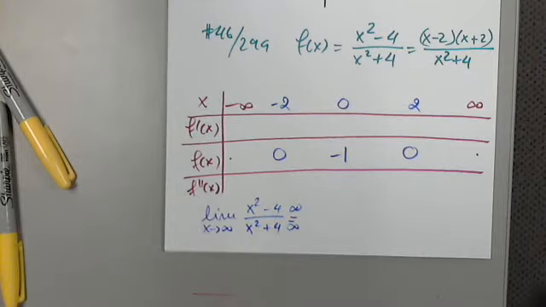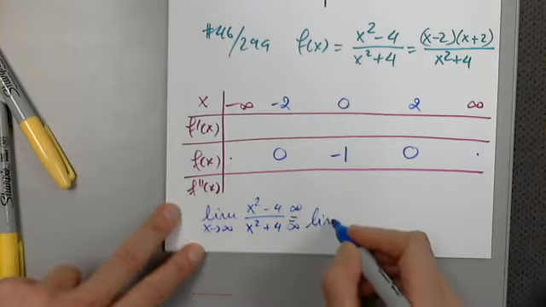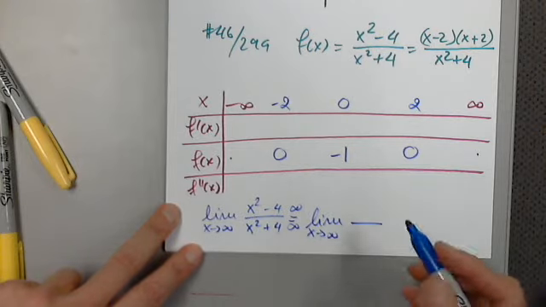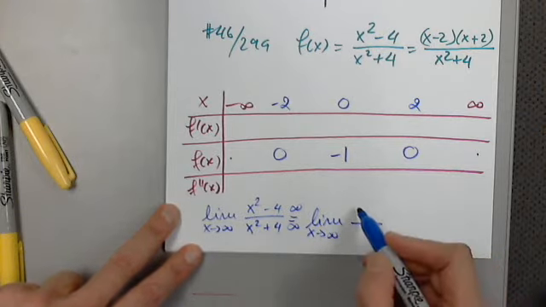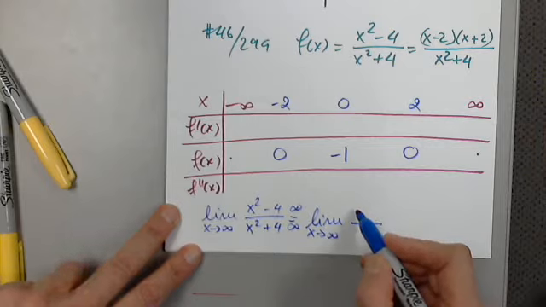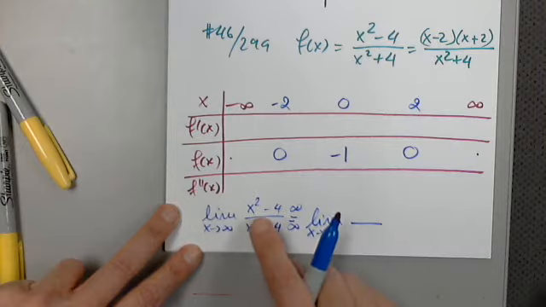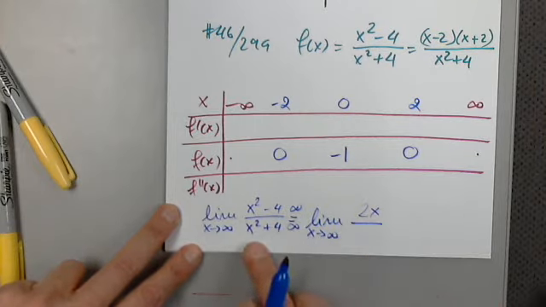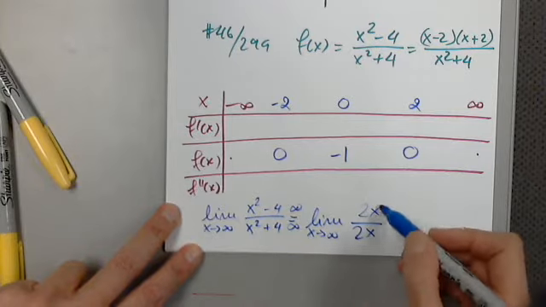Nice, I like that. Because it's a ratio, and because it's infinity over infinity, L'Hopital, very good. So limit as x approaches infinity from good over. Very good. These two go away.